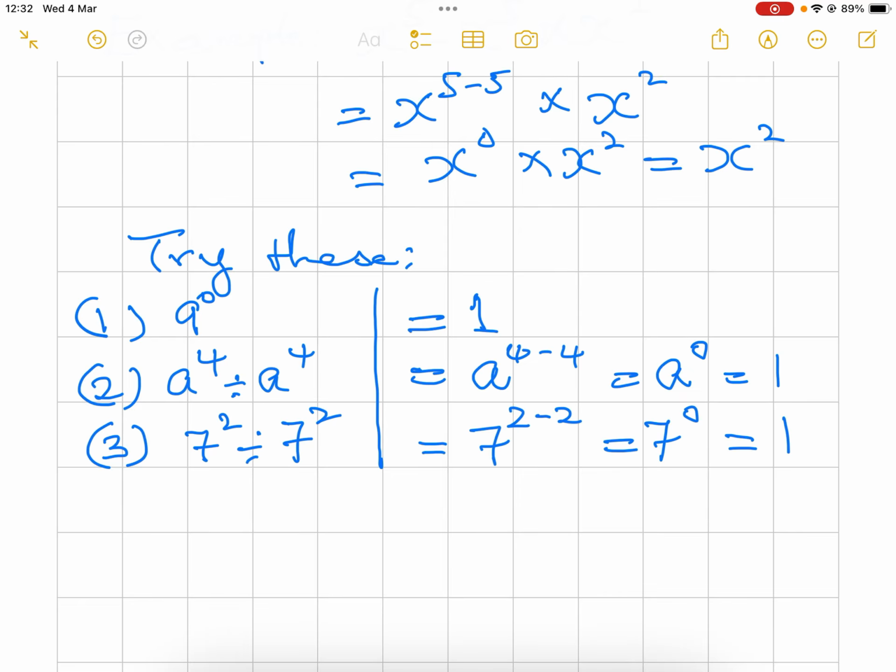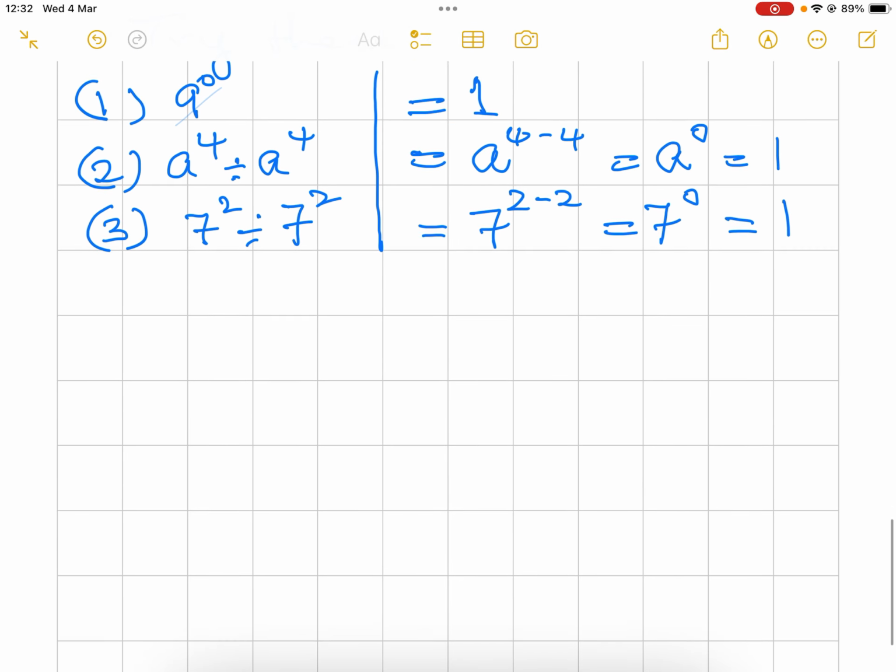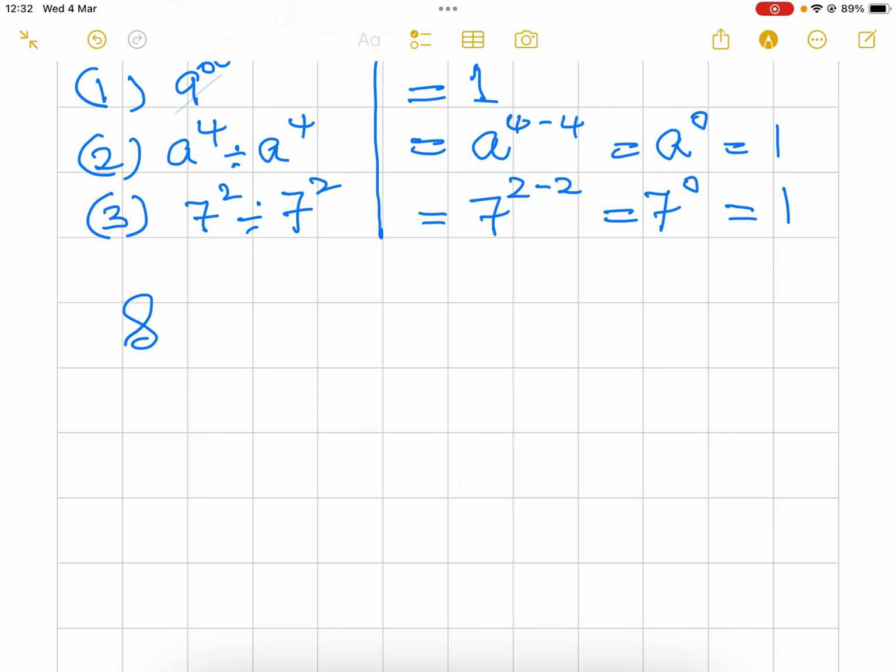Now let's summarize quickly. Now remember, same base, same power, result is 1. Summary. We learned that a raised to power 0 is equal to 1 for a not equal to 0.